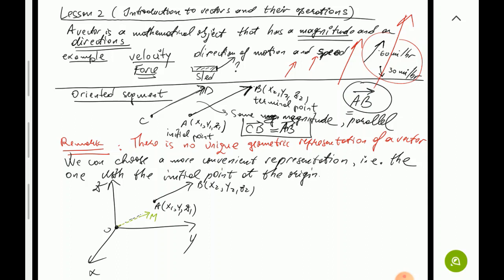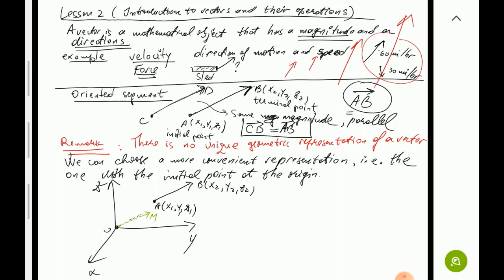And by the way, whenever you want to move a vector to a different position, keeping the magnitude and the direction, you can do this by simply subtracting the coordinates of the initial point to place it at the origin. So you want to move A into the position of the origin.